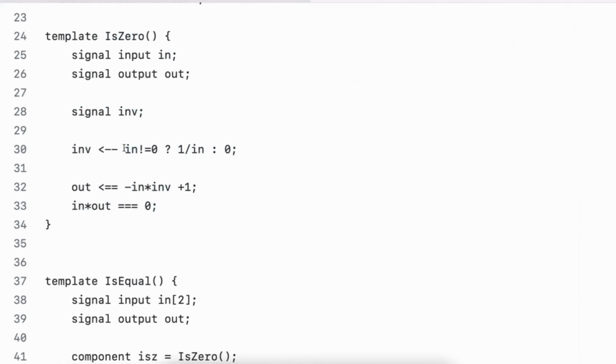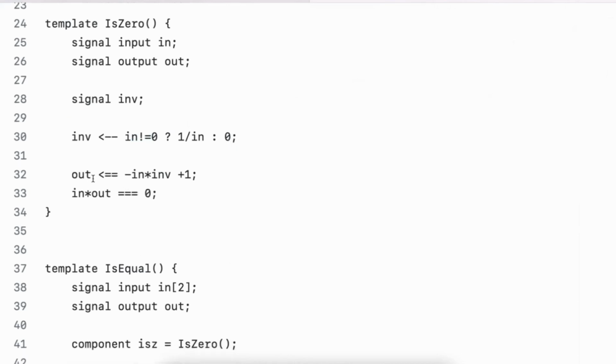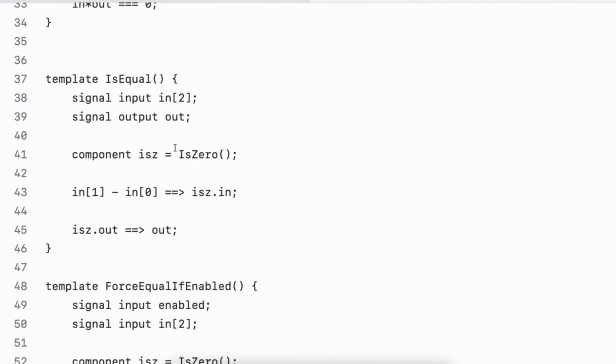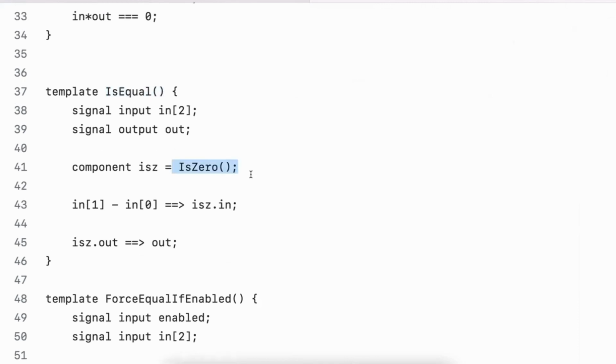And it checks that, yes, if input is not equal to 0, it's 1 over input, or 0. God, so you really have to get into rudimentary arithmetic on a field. Maybe IsEqual is simple. IsEqual is built on IsZero.